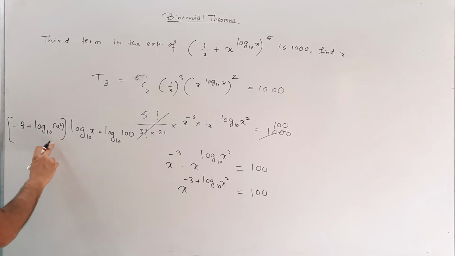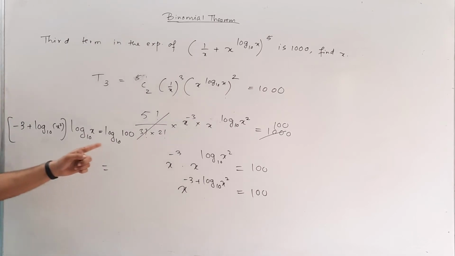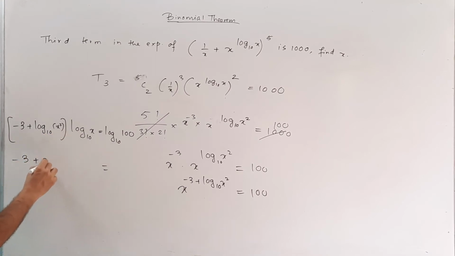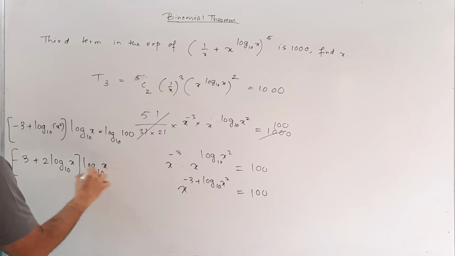So here you can clearly see that this particular part is nothing but 2. So we can write this part as minus 3 plus 2 log to the base 10 x, into log x to the base 10.